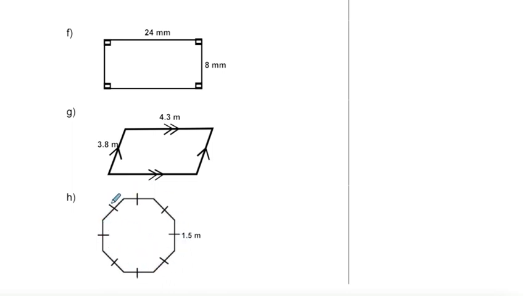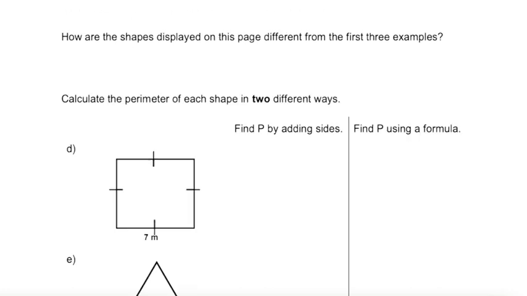So these little crosshairs through the lengths of your sides represent that each of these sides are exactly the same. Or they are common shapes that we know, such as a rectangle or a parallelogram. So that's important that we need to know as well. These are what we call simple shapes.